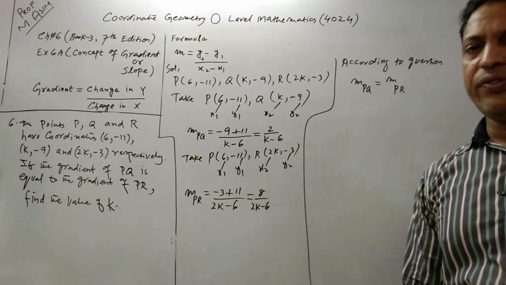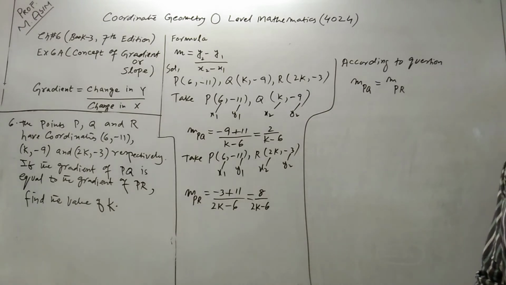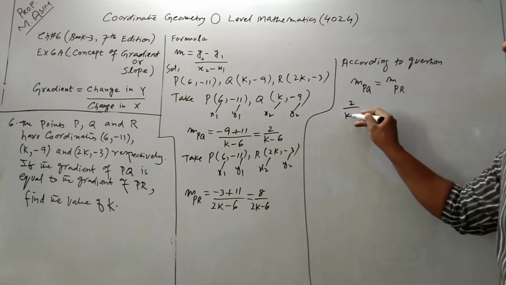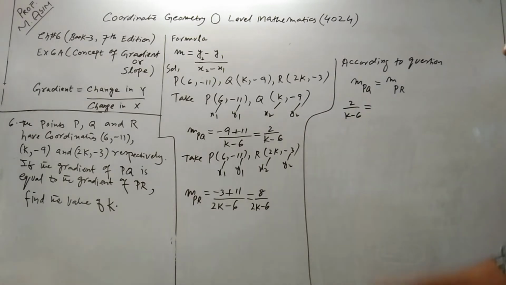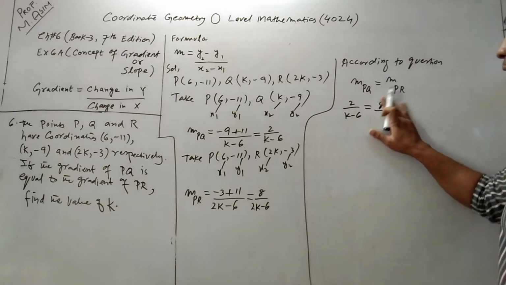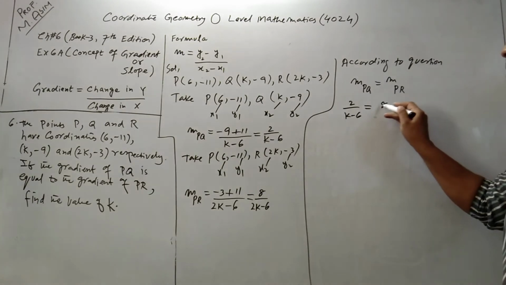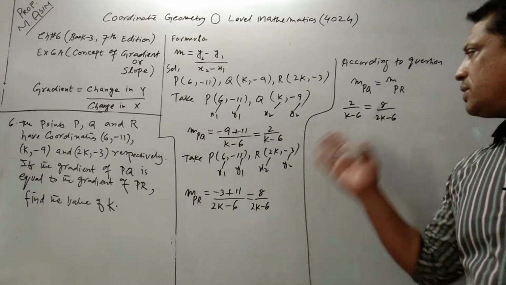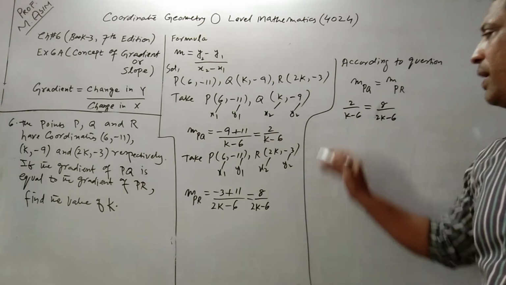Therefore, find the value of K. What is the gradient of PQ? This is the gradient of PQ. 2 upon K minus 6 is equal to, what is the gradient of PR? 8 upon 2K minus 6. Now this is the linear equation, just cross multiply.